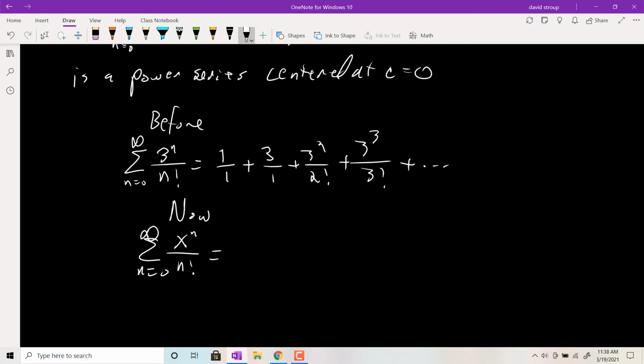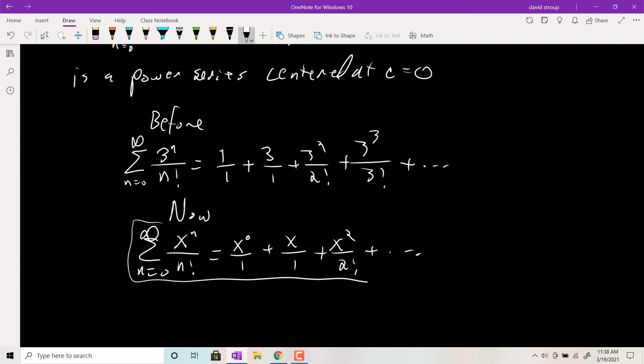It'll be an infinitely long polynomial now, but it's kind of the same thing. x to the 0 over 1 plus x to the 1 over 1 plus x squared over 2 factorial plus, and so on. This is a power series.